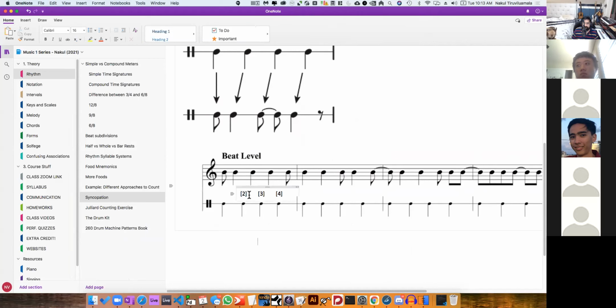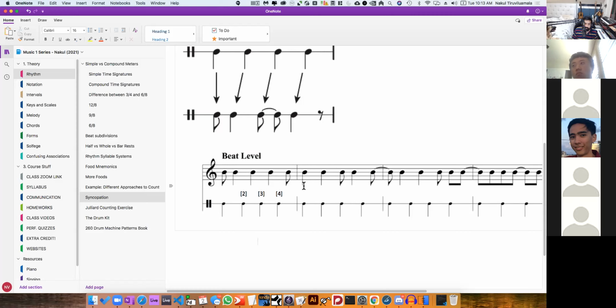So 1 and 2 and 3 and 4 and 1, 2, right? But here, actually, let's write in all the spots that contradict. This bottom staff is the actual pulse that's consistent. This top staff is the syncopated line, which varies in terms of syncopation at any given moment.